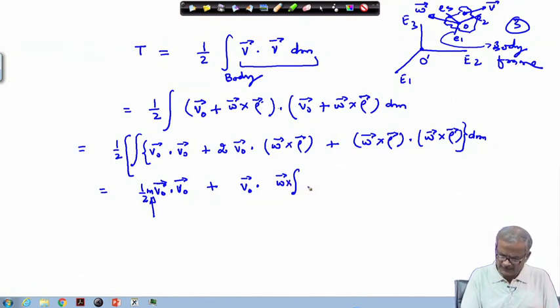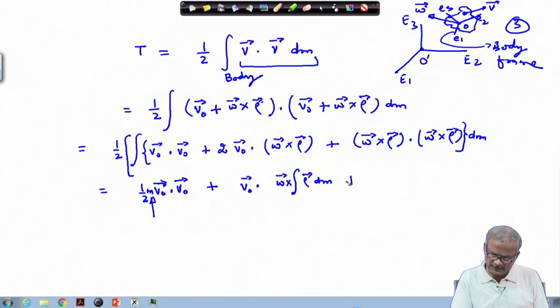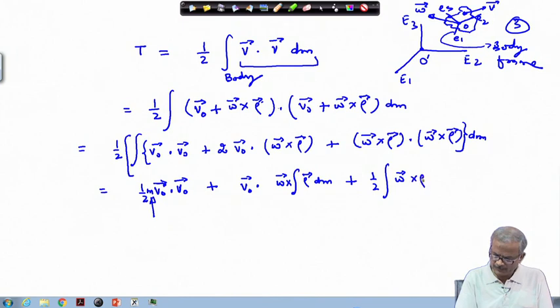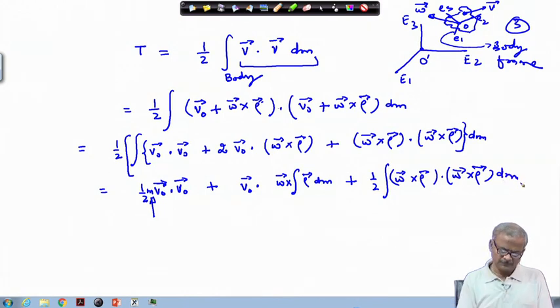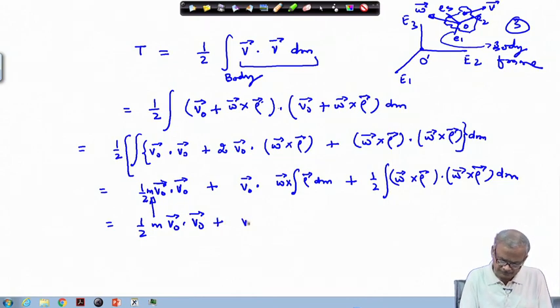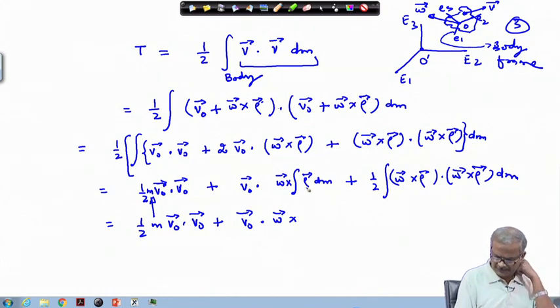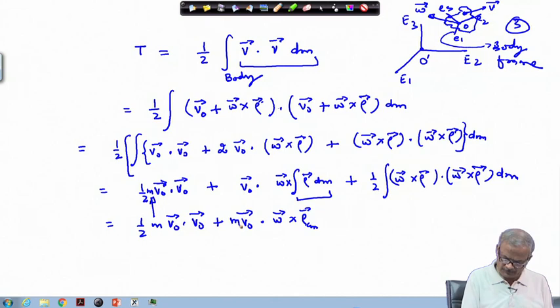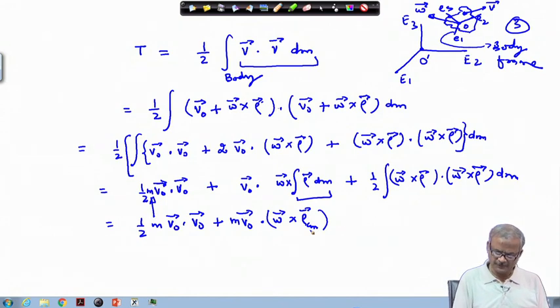It can be written like this, omega cross rho dm, and plus 1 by 2 times. And we know that this quantity present here, this integration, will be rho C m multiplied by m. So, m times v 0 dot omega cross rho C m.